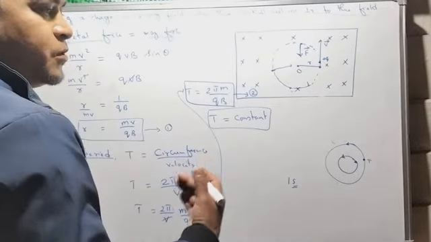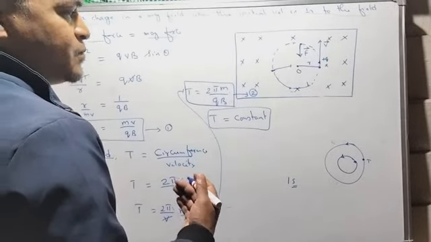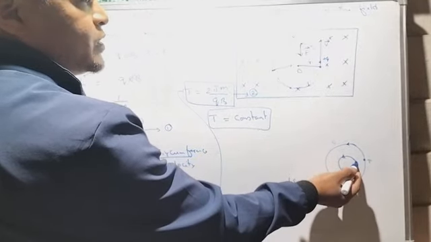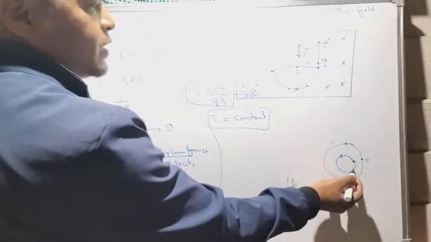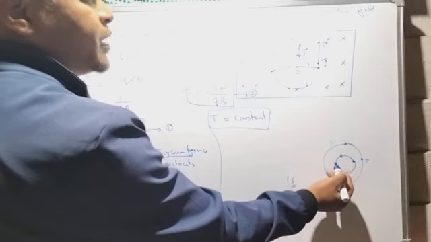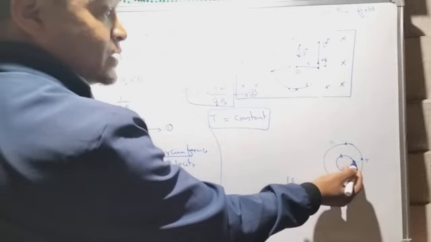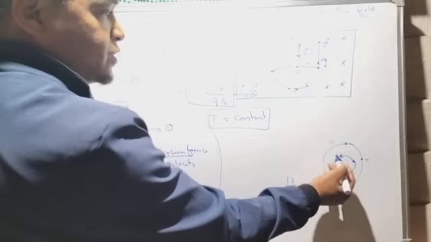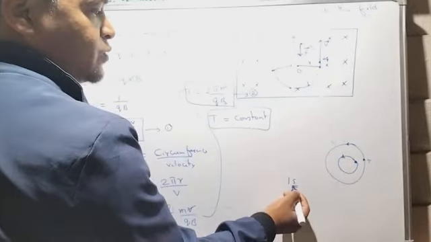How is this possible? This can be possible only if the charge, when it is in a smaller circle, is moving with a small velocity. In this small circle the charge is moving slowly, so the time is 1 second.